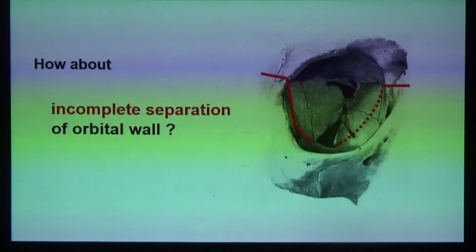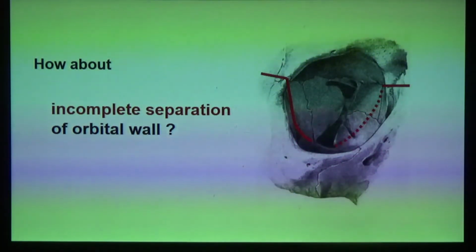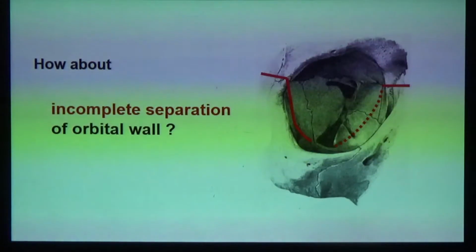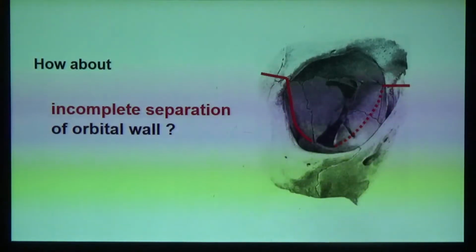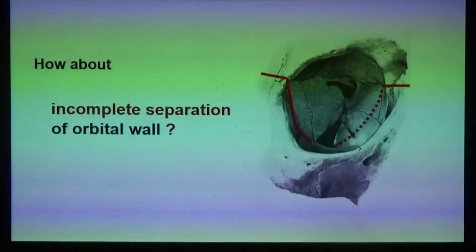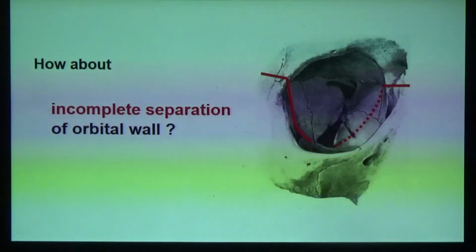About 15 years ago, I witnessed a complication of an operation by one of my colleagues. In that case, blindness occurred after LUFO-3 osteotomy for a patient with Crouzon disease. I suspected the complication was caused by incomplete separation of the orbital wall.